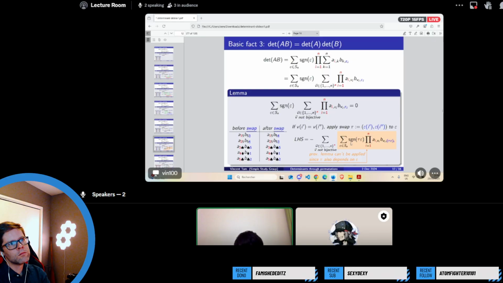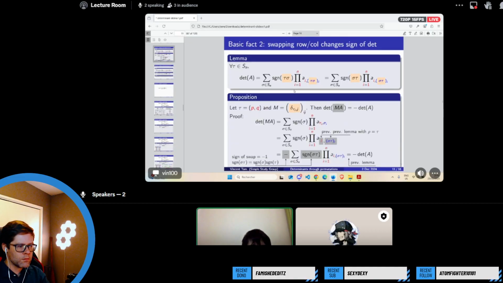we don't have the previous lemma. What's the previous lemma? Actually, what we want is to apply this lemma with tau here. In this lemma, it's clear that tau sigma also runs through the entire S_n.